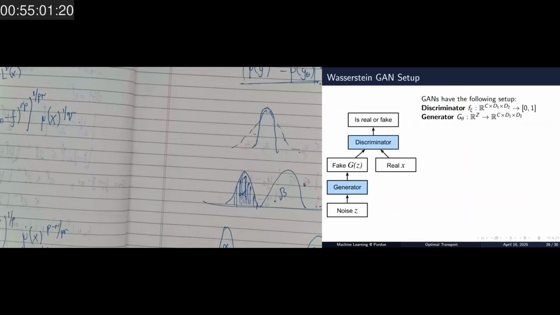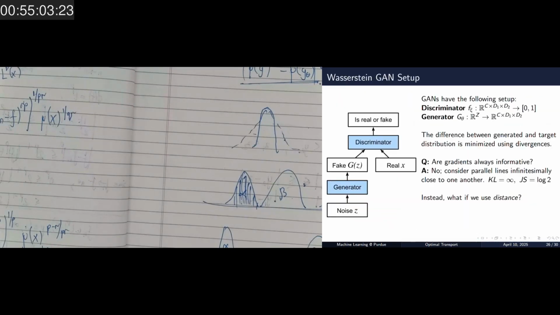So instead of using a divergence, what if we use a distance? And that is the main intuition behind Wasserstein GANs. In implementation, you don't get exactly that.